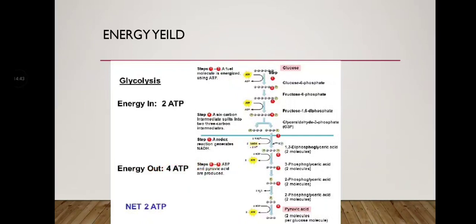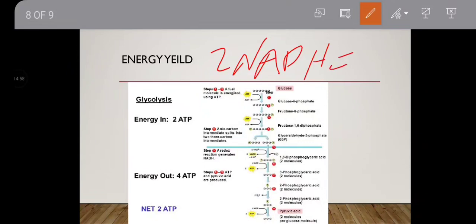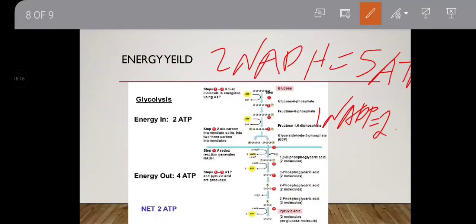But again, remember that there are 2 NADH molecules, and you know that these will give us approximately 5 ATPs, because we know that 1 NADH gives us 2.5 ATPs.